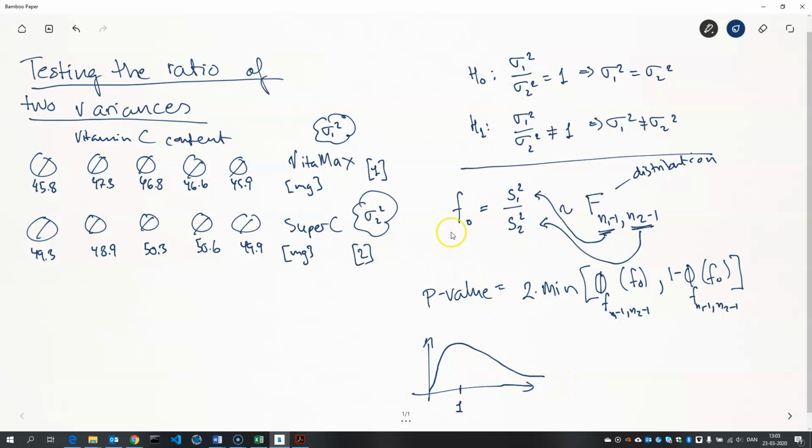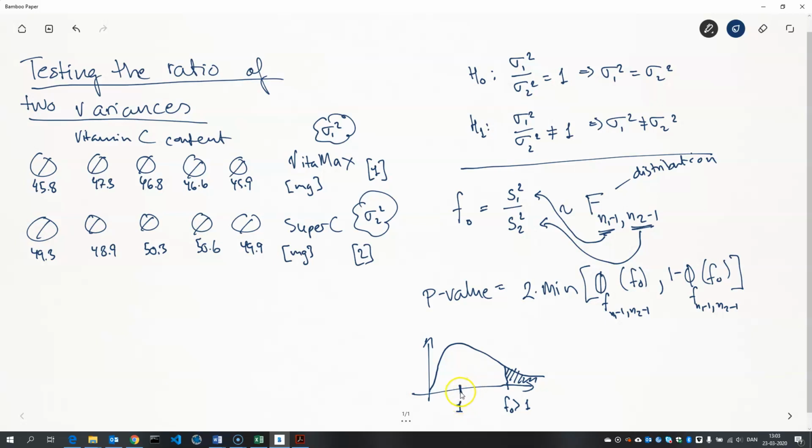If my test statistic is a positive number, let's say it's here, and it's greater than 1, it's always positive, sorry, but greater than 1, that's what I meant, then the p-value is given by this number here. So the probability excluded by the test statistic to the right of the test statistic, right? Further away from one.